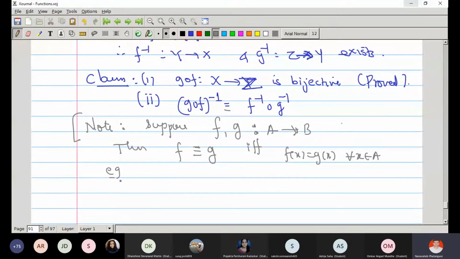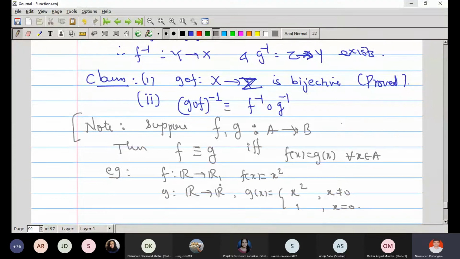For example, if I define f from R to R, f(x) is equal to x squared, and I define another function g from R to R by g(x) is equal to x squared if x is not equal to 0, and 1 if x is equal to 0.